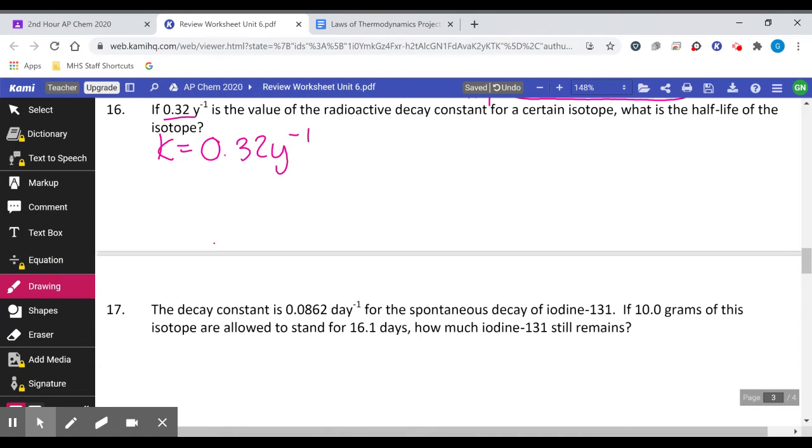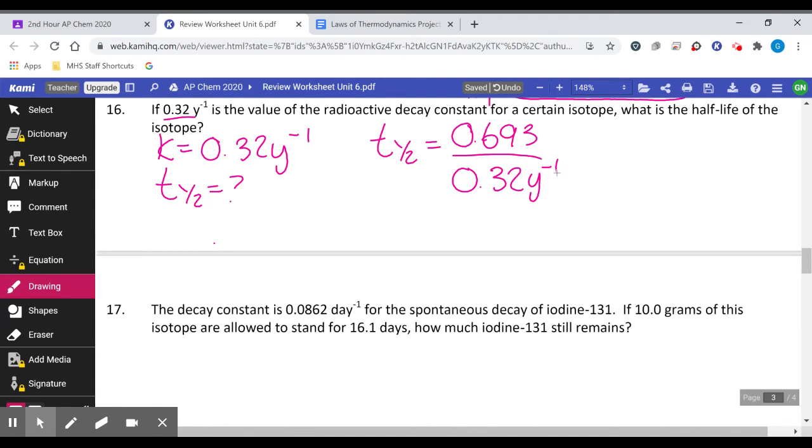We want to know the half-life. Our half-life is equal to 0.693 divided by k, which is 0.32 years to the negative 1. When I enter that in my calculator, I get a half-life equal to 2.2 years. That's all we had to do on that one.